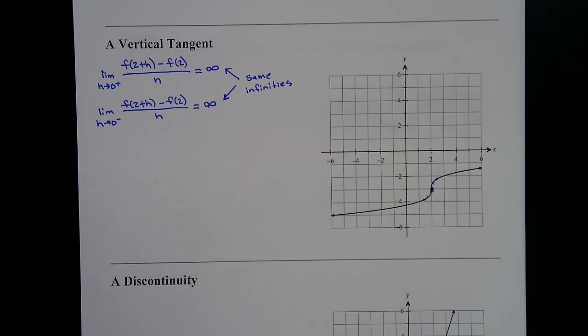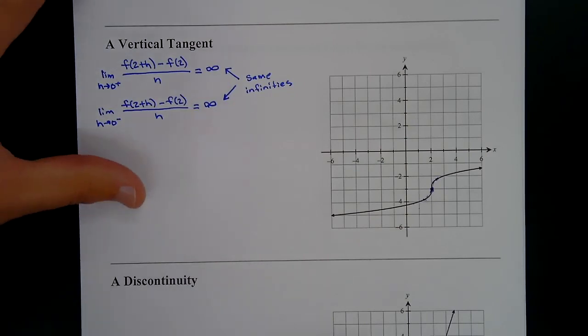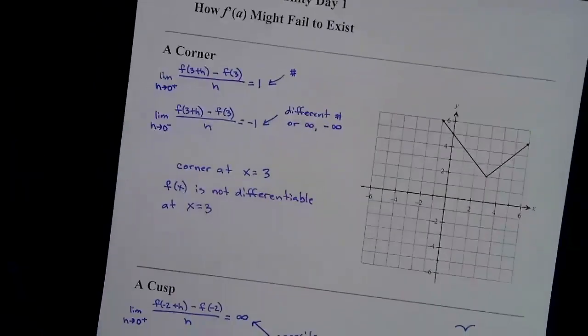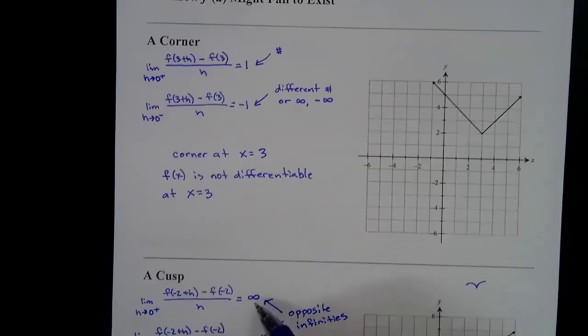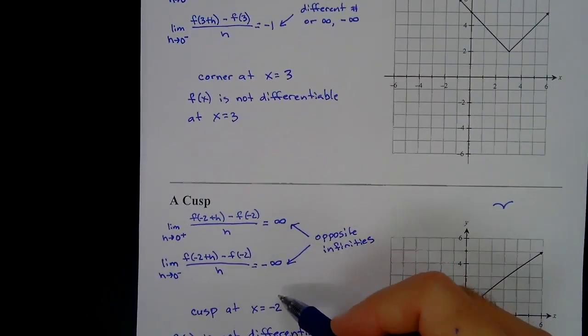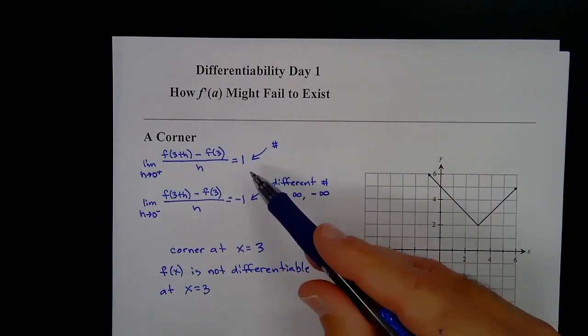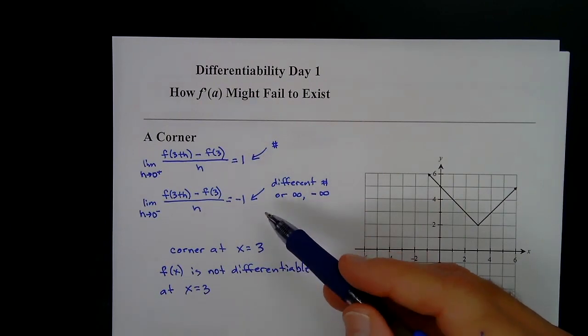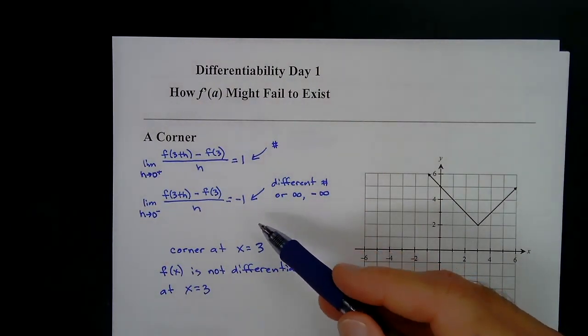between a corner and a cusp. Okay, and that was, let me go back to it. All right, so the difference between a corner and a cusp: for a cusp, these both have to be opposite infinities, and for a corner, one of them can be infinity only. One of them has to be a number, and the other one has to be some type of infinity.